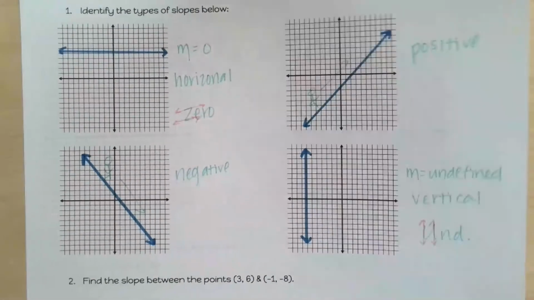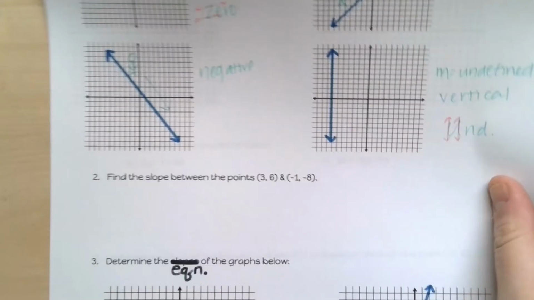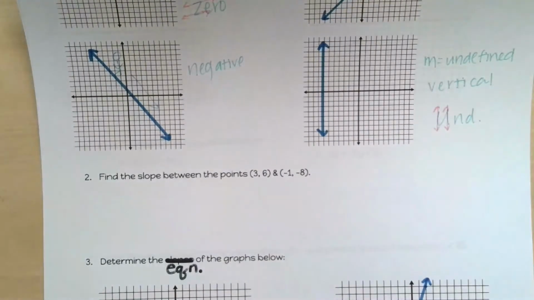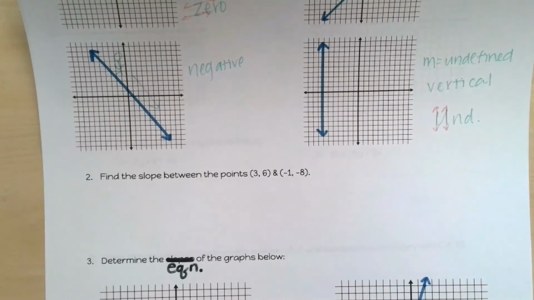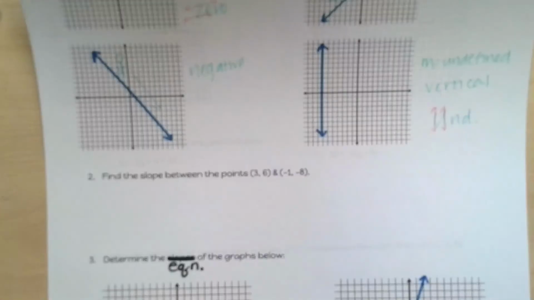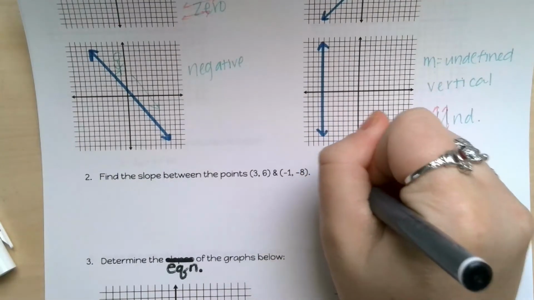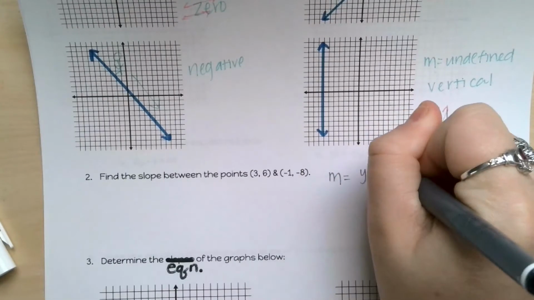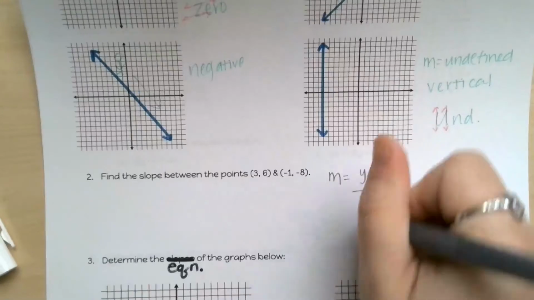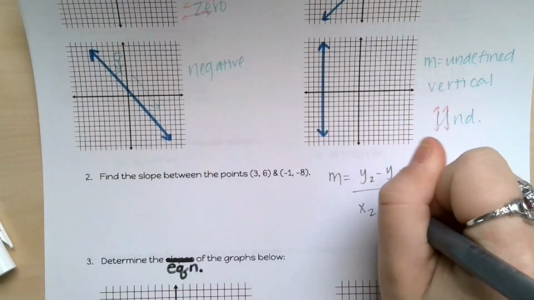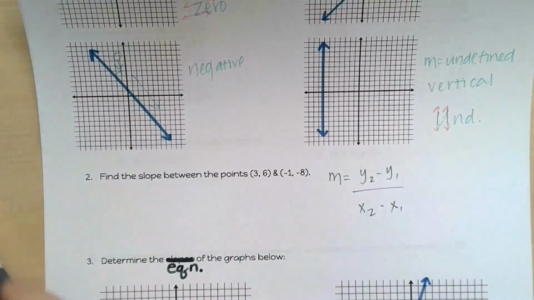The next thing that we come across on the test is using our slope formula. So remember our slope formula. Let me grab a different color because then we can color code. Our slope formula is y2 minus y1 up top over x2 minus x1 on the bottom, right? It's always our y's up top, x's on the bottom.